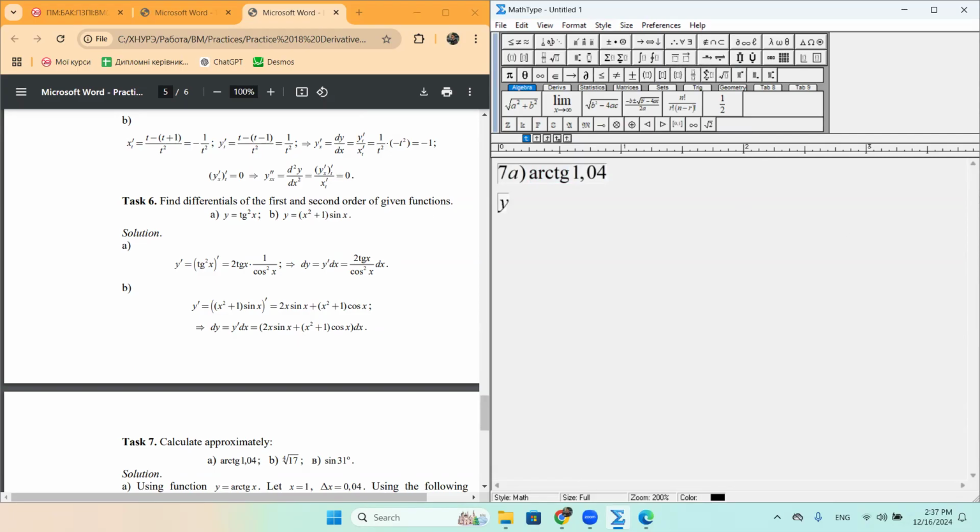So let's define the following function, arctangent x. So x equals 1 and delta x. So we use the definition of a differential and derivative. So delta x is 0.04.